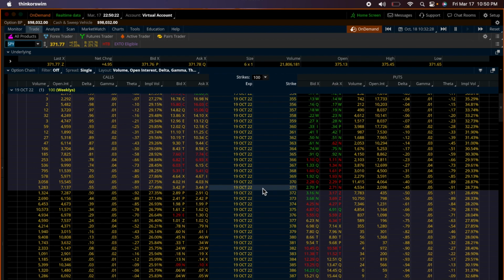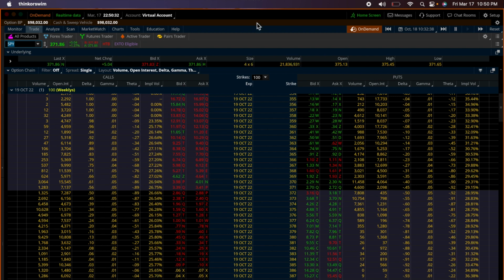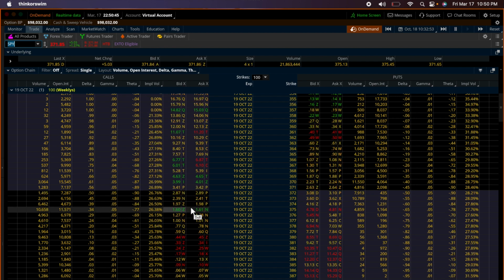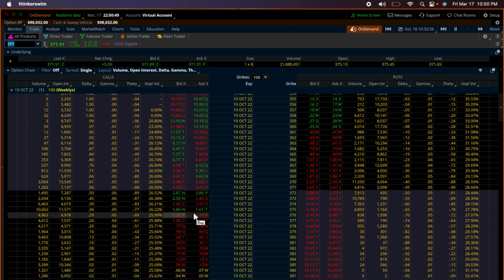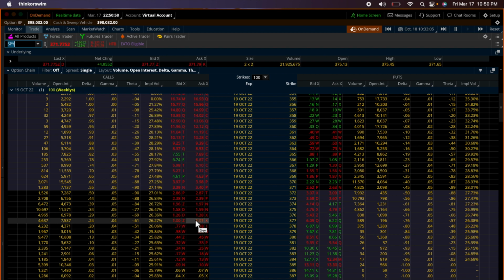There are also two golden rules when looking at option contracts to buy on this option chain. There's two things that you need to look for and to consider before purchasing these contracts. One of them is the spread between the bid and the ask. Depending on the order type that you use to purchase or sell these contracts, you can get filled at any point between the bid and the ask that you see.